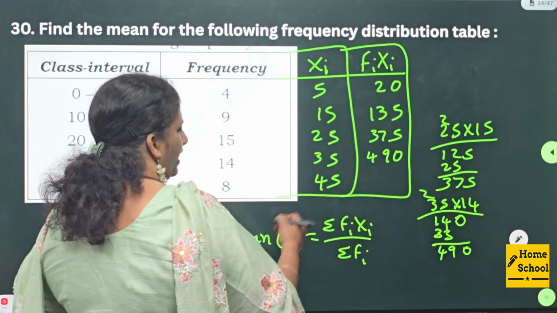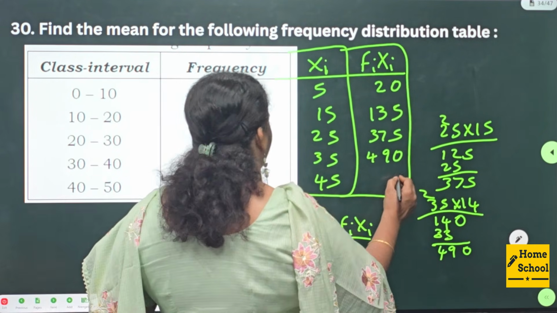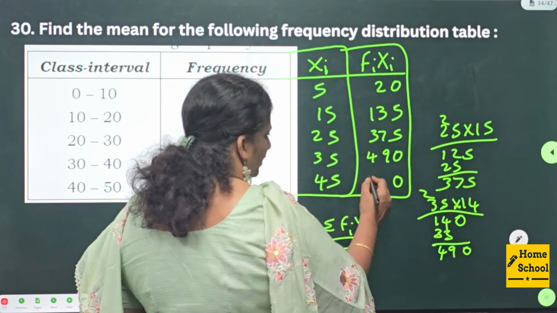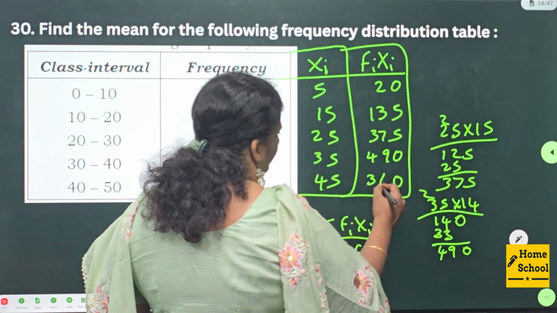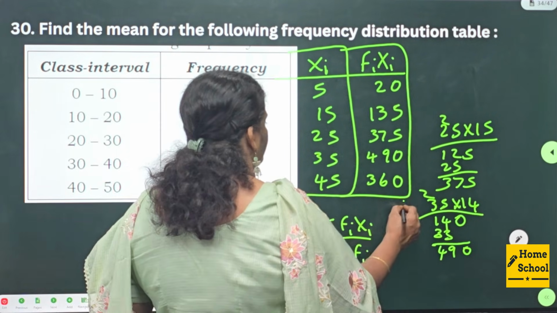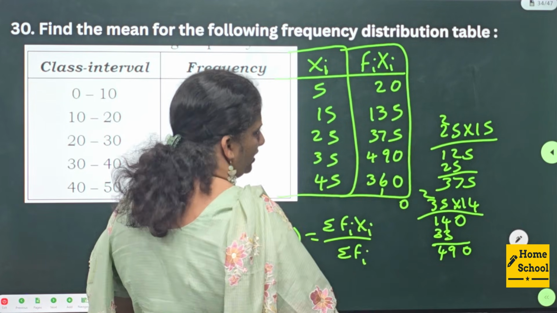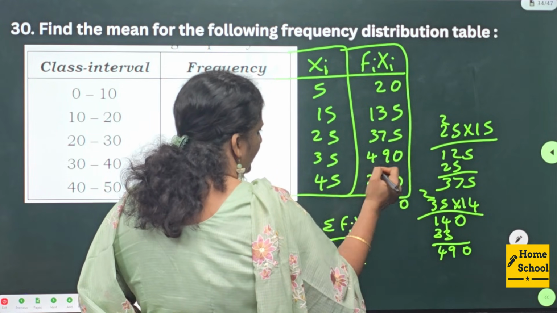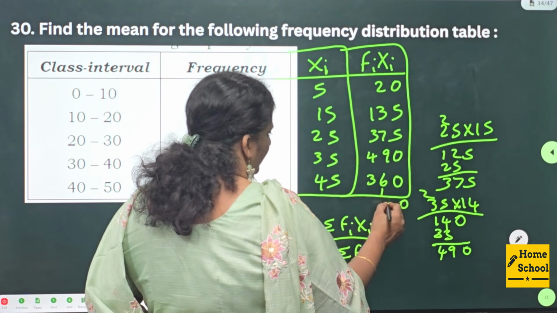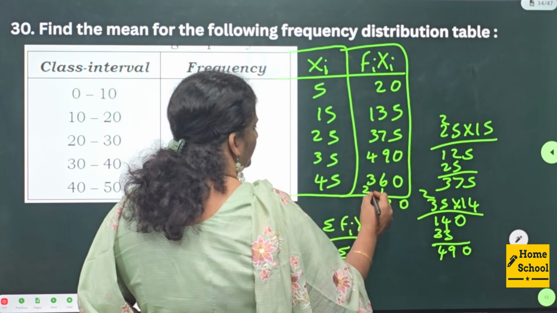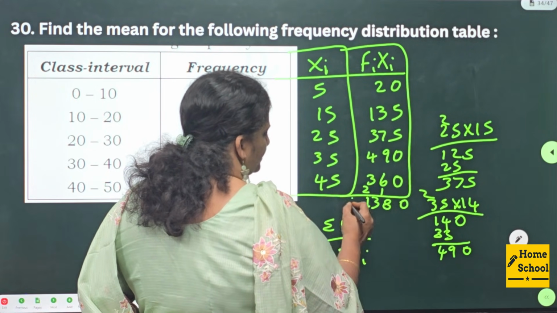Then again with 8, 45: 8 5s are 40, 8 4s are 32, 32 plus 4 will be 36. Now add all this. 0, 1 you are going to get here. 5, 12, 21, 27, 28. 5, 9, 12, 13. 1380.